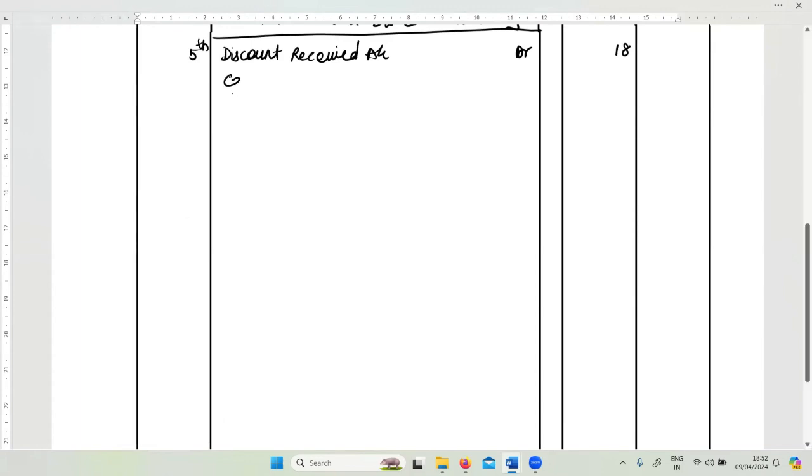Then we have the cash account because cash is received back. 882 cash is received and to purchases returns account.